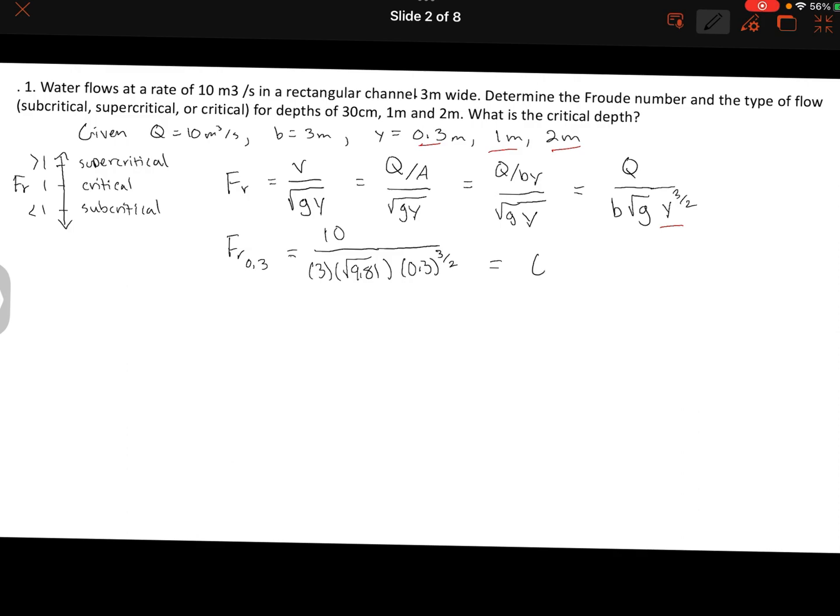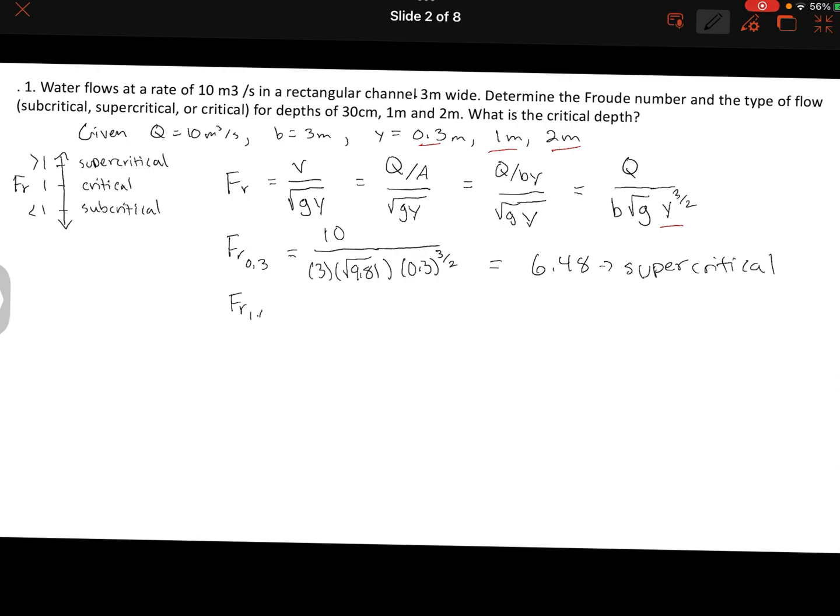We calculate all of this out, we should get a value equal to 6.48, which is associated with a supercritical flow, because we have, again, a Froude's number greater than 1.